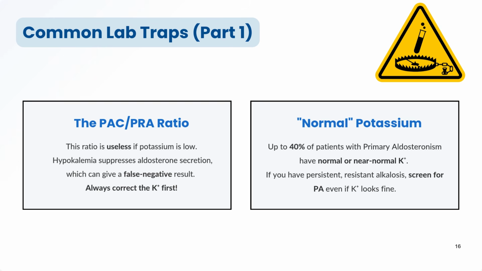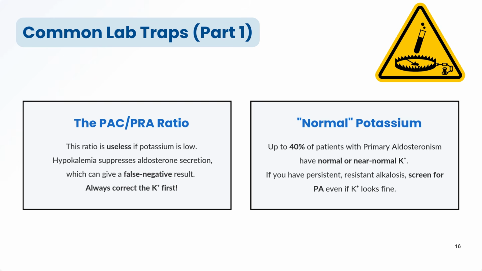Always. Second trap, the normal potassium illusion. We love to associate primary aldosteronism with low potassium, but the reality is different. Up to 40% of patients with primary aldosteronism have normal or near-normal potassium levels, so a normal potassium does not get you off the hook.